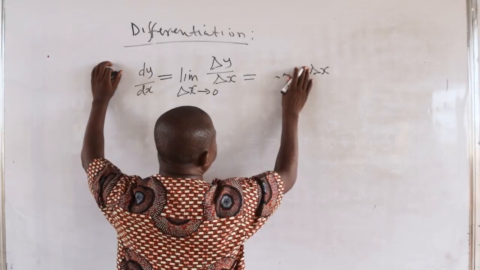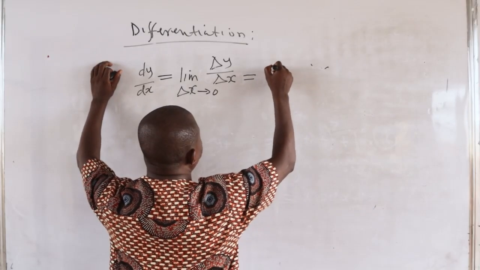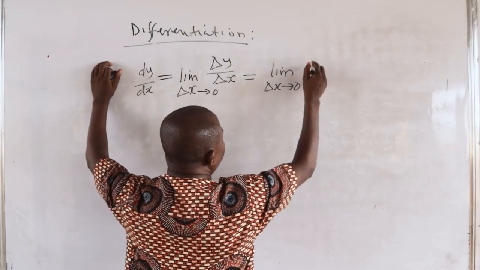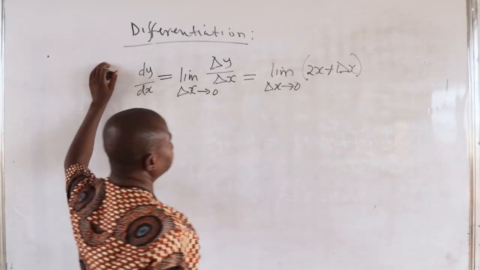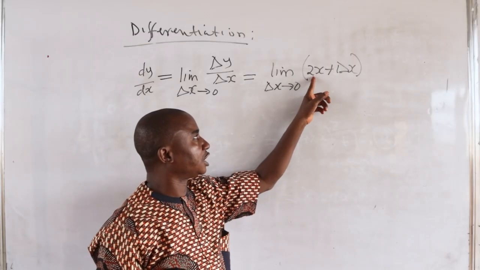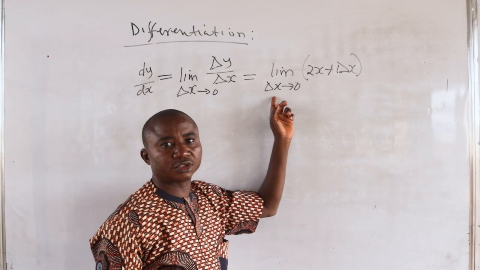So this is nothing but the limit as change in x tends to 0 of 2x plus change in x. Notice here that in the first term there is no change in x, so it is a constant as far as change in x is concerned.